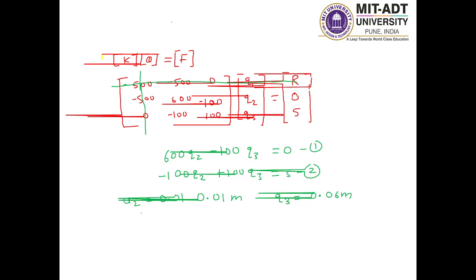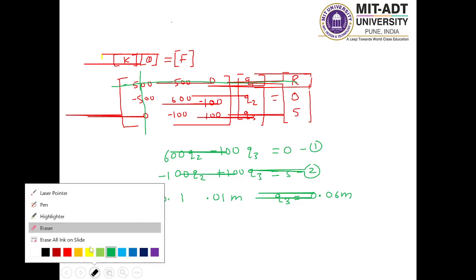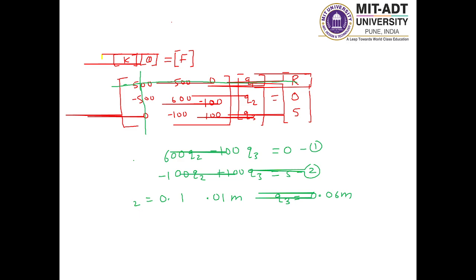Once again I am writing, the value of q2 is 0.01 meter, and value of q3 is 0.06 meter. So this is how we have found the nodal displacement at particular nodes.